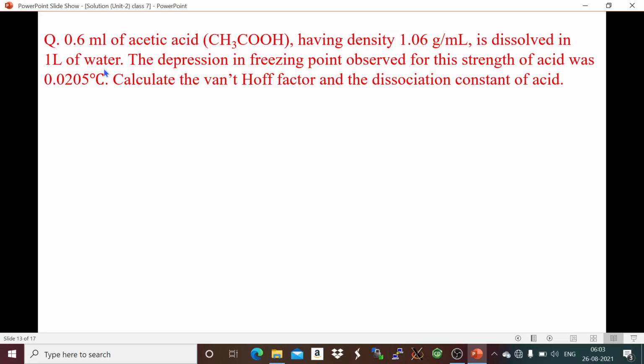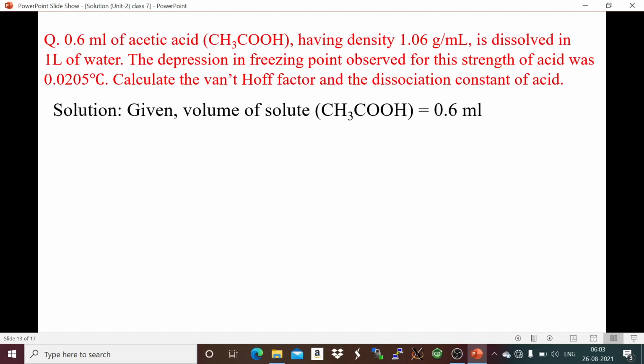When we dissolve acetic acid in 1 liter of water, the depression in freezing point observed for this strength of acetic acid is 0.025 degree centigrade. Calculate the Van't Hoff factor and dissociation constant. So we have to calculate i and dissociation constant Ka for the acid. First, given volume of the solute is 0.6 ml.